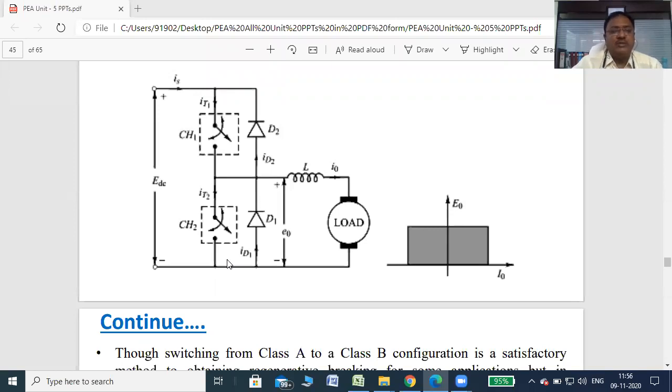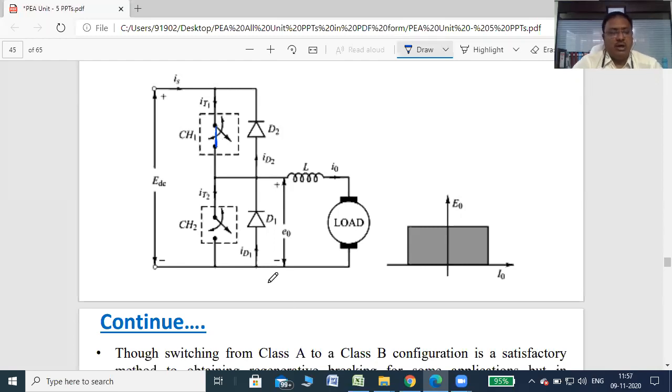In this figure, we can see chopper 1 and diode 1. This forms class A, and chopper 2 and diode D2 form class B operation. So in this circuit, what happens? We'll see first if chopper 1 is on.